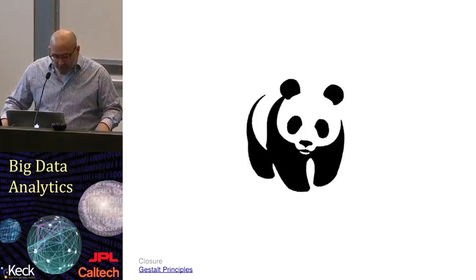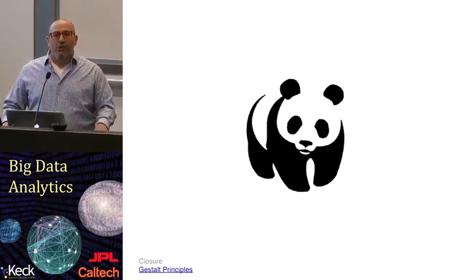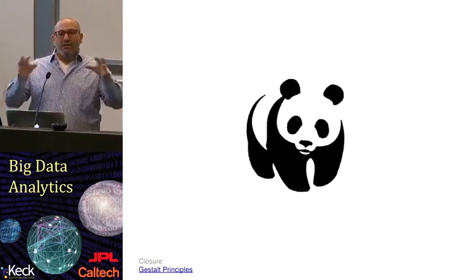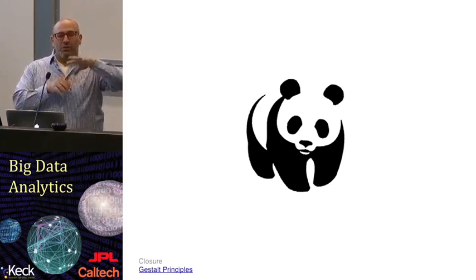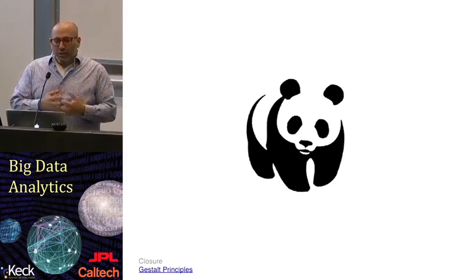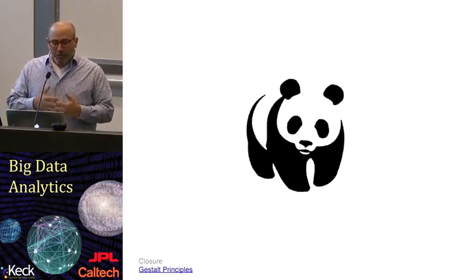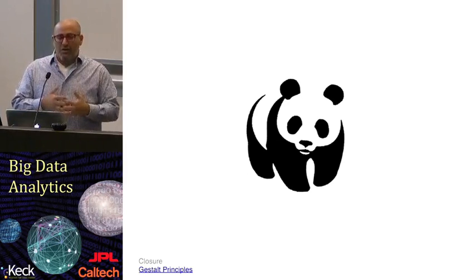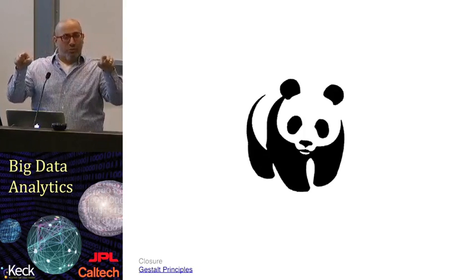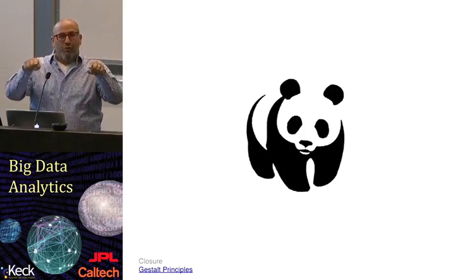Another important idea is something called closure. What this means is that the mind makes shapes contiguous that are not formed entirely. If you look at the top of this panda bear shape, there's actually no top of the bear drawn, but your mind draws it in for you.